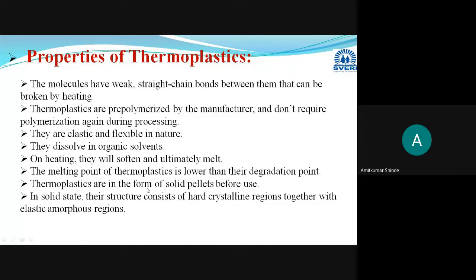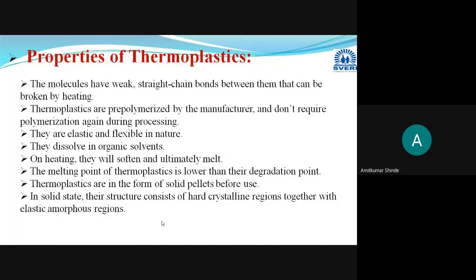Then these thermoplastics are available in the form of solid pellets before the actual use. Then the last point: in solid state, their structure consists of hard crystalline regions together with amorphous regions.